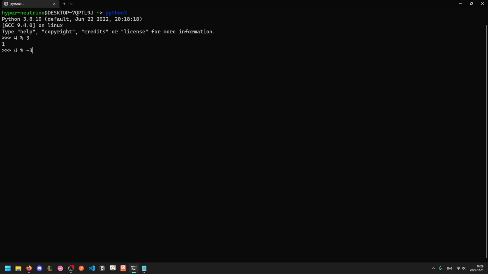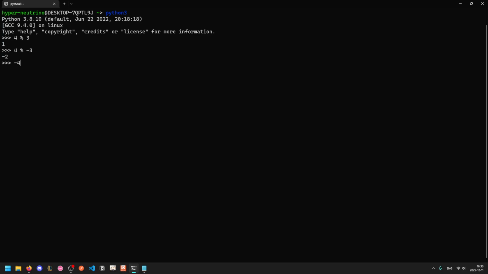This isn't really well defined in math itself, but we get negative 2. 1 is equivalent to negative 2 in the mod 3 class, and so 4 is equivalent to 1 is equivalent to negative 2. And so when the right side is negative, we use the same modulo, but we just map all the equivalence classes to the negative side.